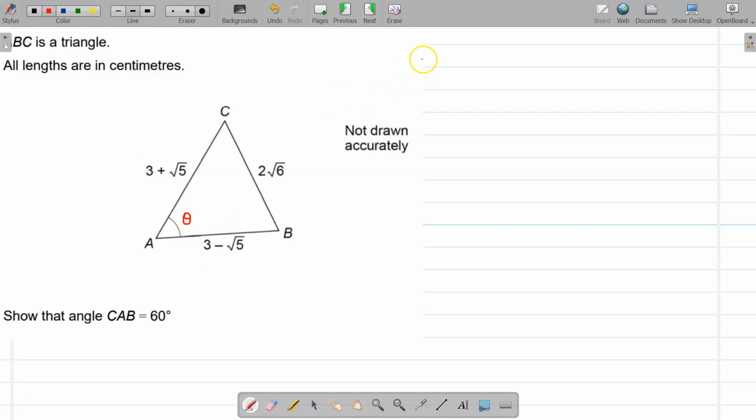So it looks like this, doesn't it? 2 root 6 squared, I'll just write it in full first of all, equals, well, it's 3 plus root 5, okay, squared, plus 3 minus root 5 squared, minus 2 lots of 3 plus root 5 times 3 minus root 5, times cosine theta.